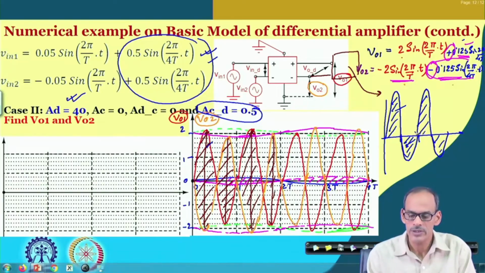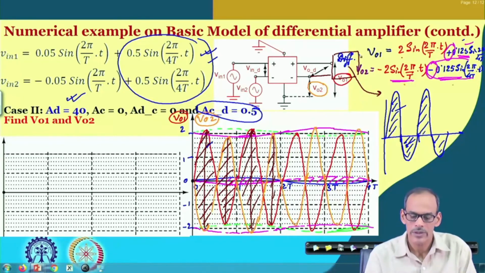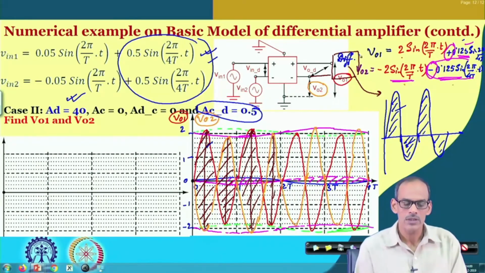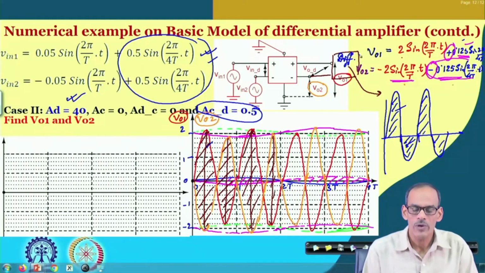And the most important thing is that by placing one more differential amplifier, we really cannot eliminate it. In fact, whatever the number of differential amplifiers you like to put, you cannot really separate it out from the differential signal, because the unwanted signal is appearing as a differential signal.